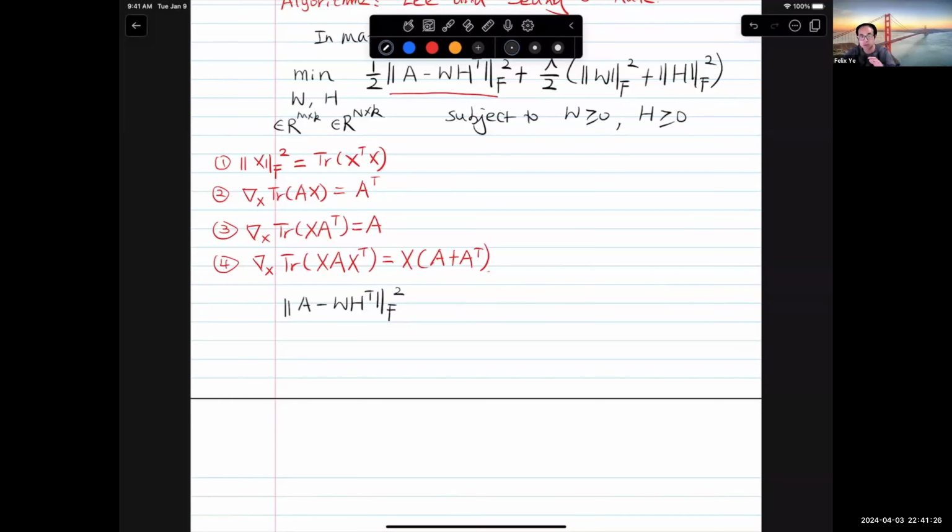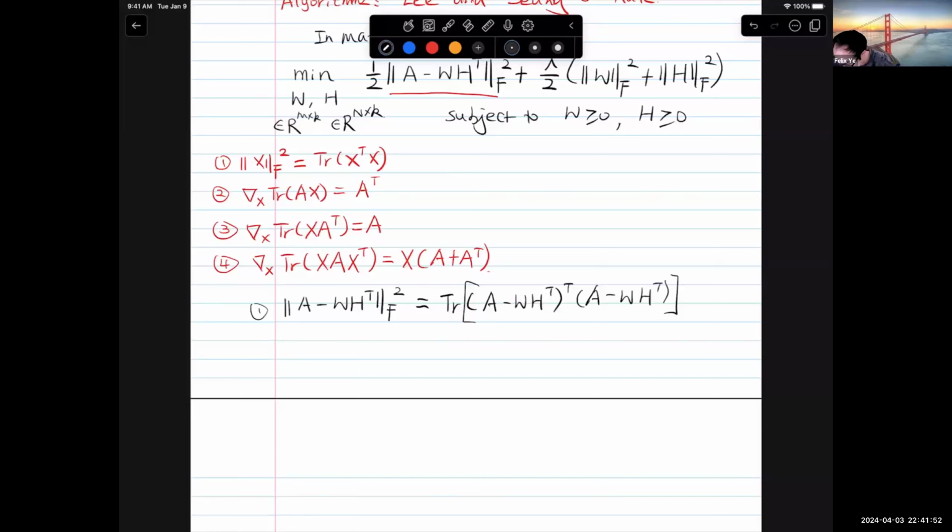Using the first property, it can be written as the trace of (A minus WH transpose) transpose times (A minus WH transpose).